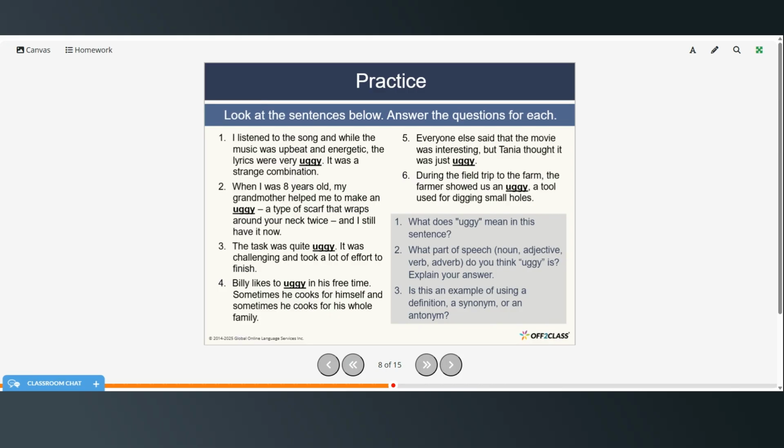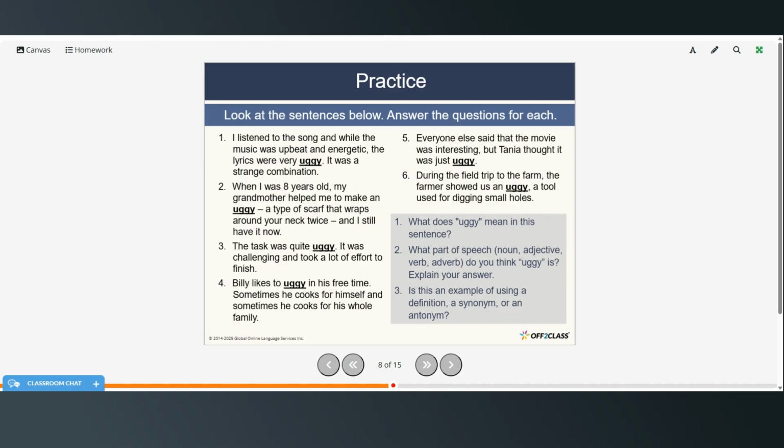Okay, I listened to the song, and while the music was upbeat and energetic, the lyrics were very ugly. It was a strange combination. So here, ugly is probably the opposite of upbeat and energetic. So maybe the lyrics were dark and depressing. And the part of speech would be an adjective because it's describing the lyrics, which is a noun.